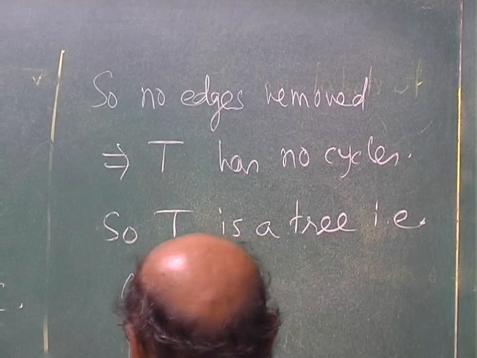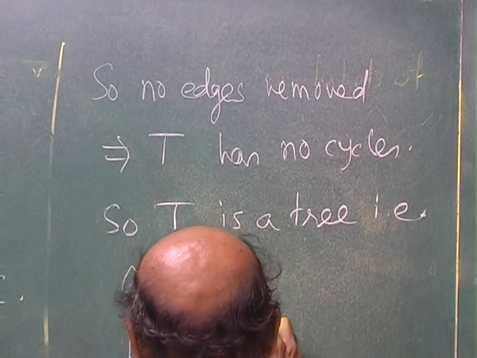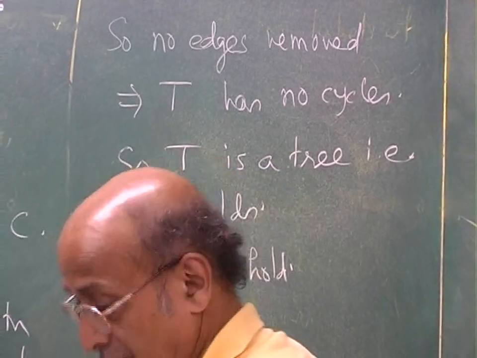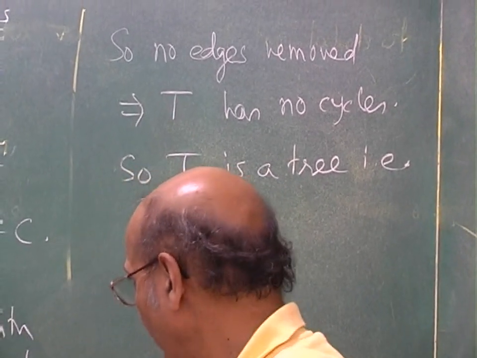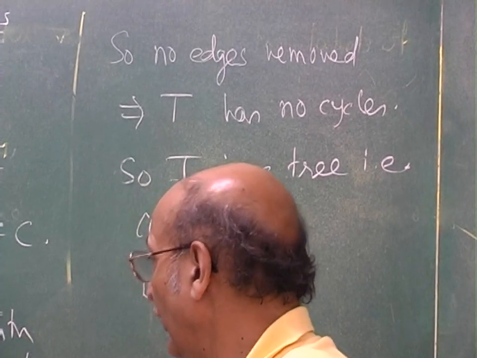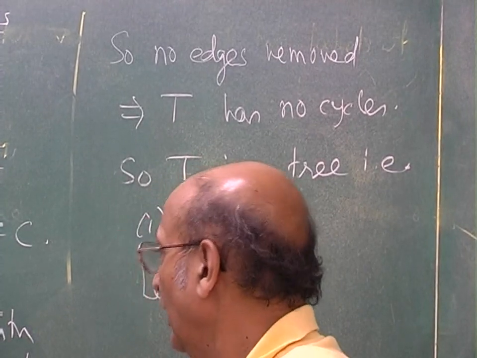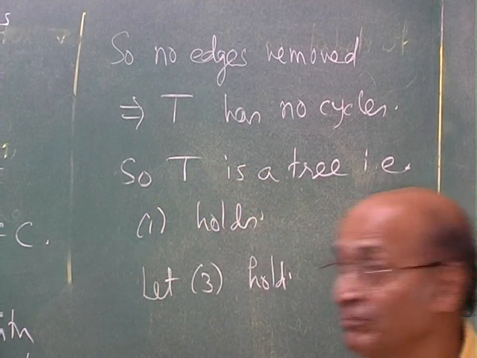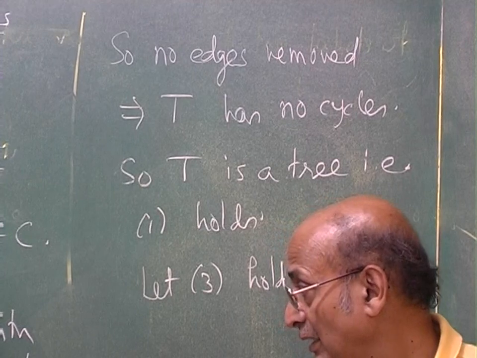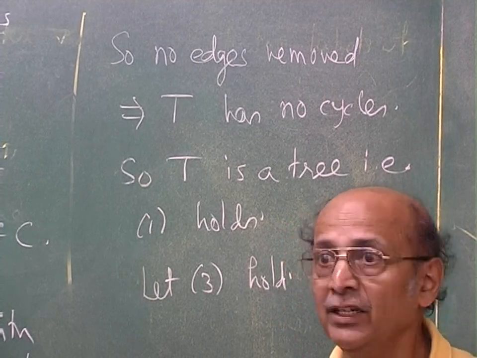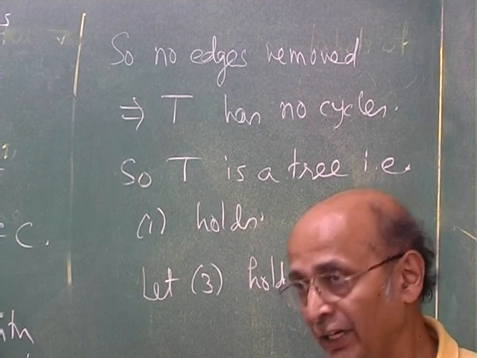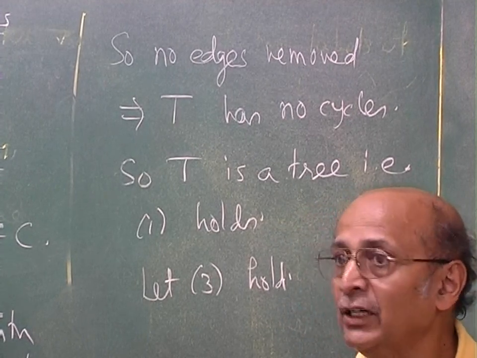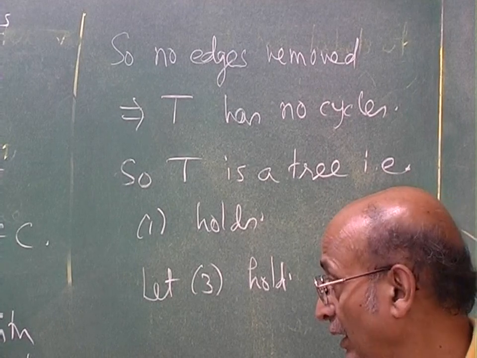Let 3 hold. Now I know that I have no cycles and have n minus 1 edges. An acyclic graph which is not a tree is a forest, and for a forest, each component is a tree. A graph that has no cycles, each component is a tree.